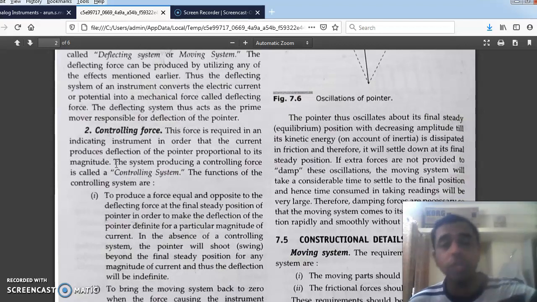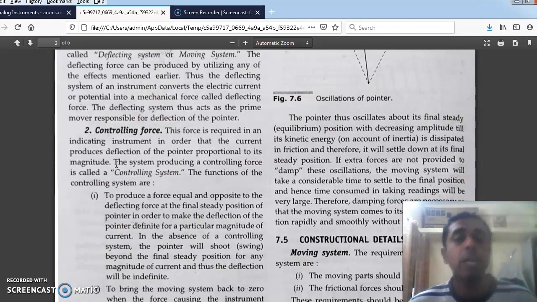At the steady state point, or the equilibrium point, the 5 amps point for example, the deflecting torque is equal to the controlling torque. So the steady state or equilibrium point is that point where the deflecting force is equal to the controlling force. So the controlling system is very important, and it is an integral part of the measuring or indicating instrument.